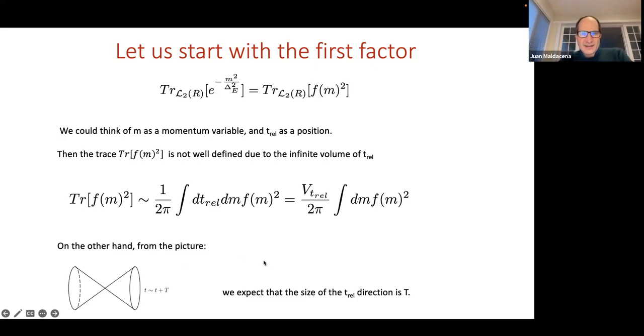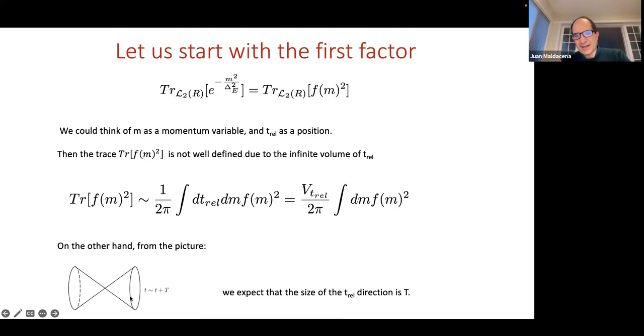Now, once we understand where this infinity comes from, we can say, from the picture of the wormhole that is compact, that at least for this particular geometry it would be more natural to say that the relative time is not really non-compact, but is actually compact.